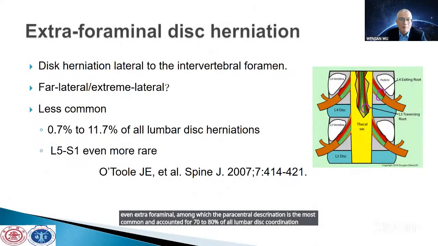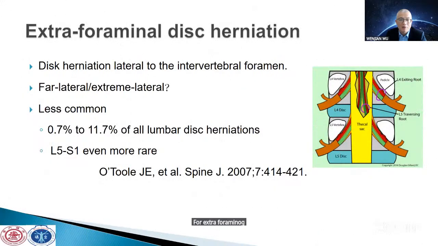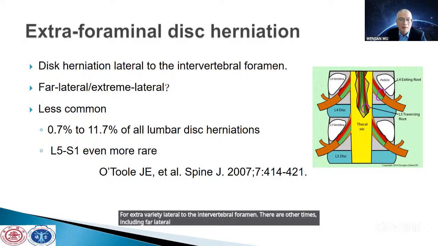Extraforaminal disc herniation is a herniation lateral to the intervertebral foramen. There are other terms, including far lateral and extreme lateral, but some authors use far lateral to include foraminal and extraforaminal herniation. So I think extraforaminal disc herniation may be more precise.